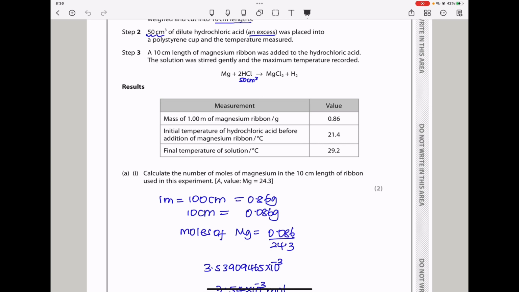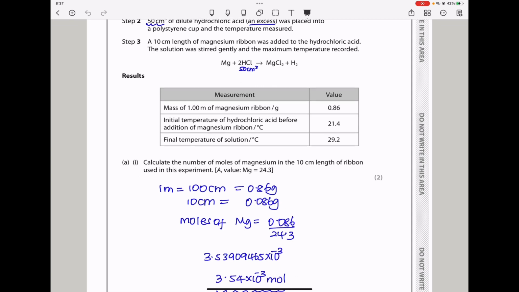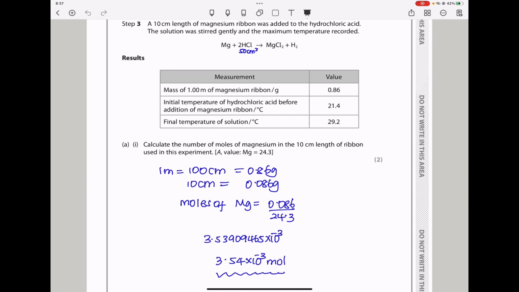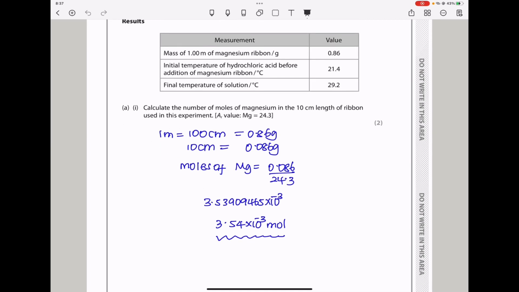From the table of results, we see 1 meter is 0.86, but 1 meter is 100 centimeters. So 10 centimeters should be that divided by 10, which gives us 0.086 grams. So the number of moles is going to be the mass divided by the atomic mass of magnesium. And therefore, I got that, which I rounded off to 3.54 times 10 to the power negative 3 moles.